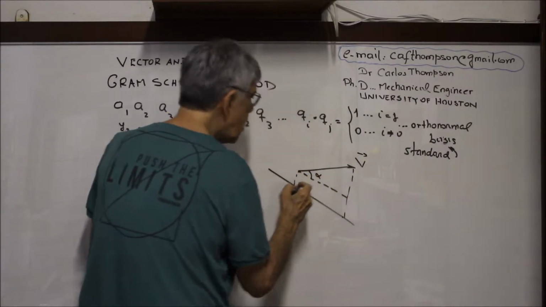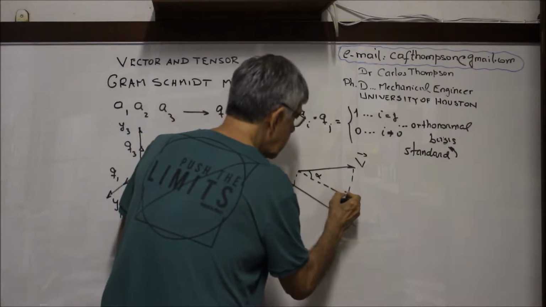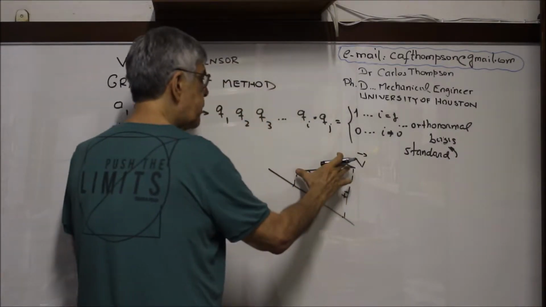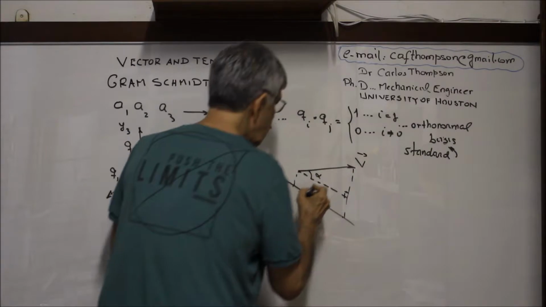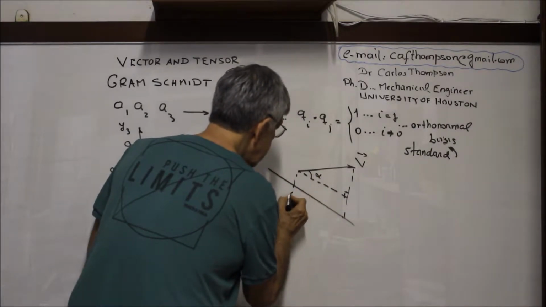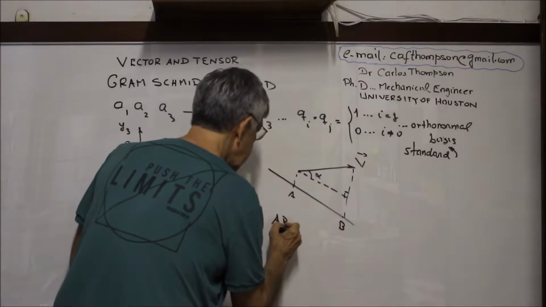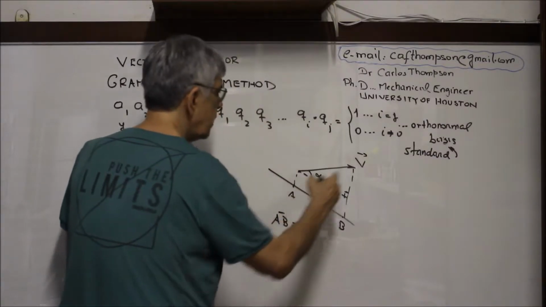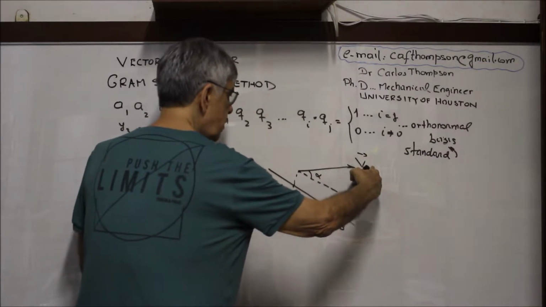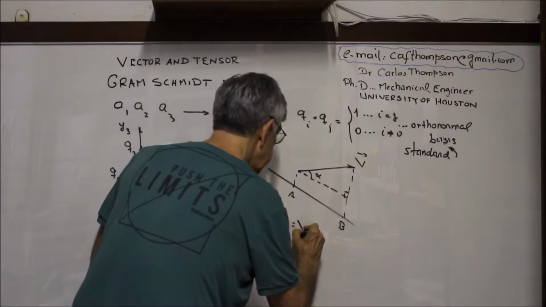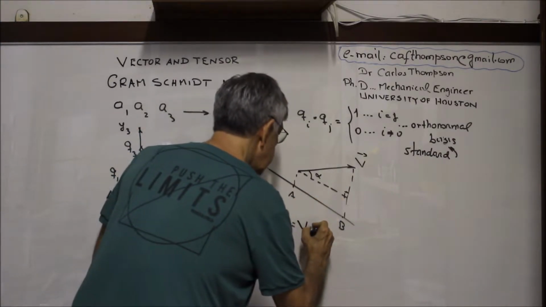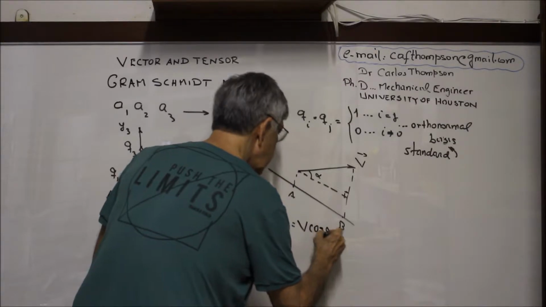Look, this is alpha. This is the hypotenuse. So this segment here, let's call AB. AB is a segment; it is the magnitude of this vector v times cosine of alpha.